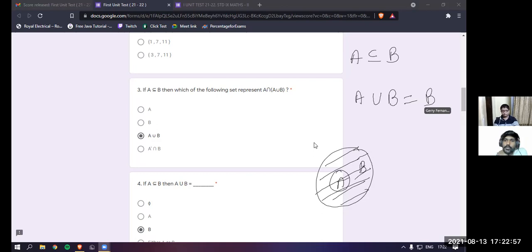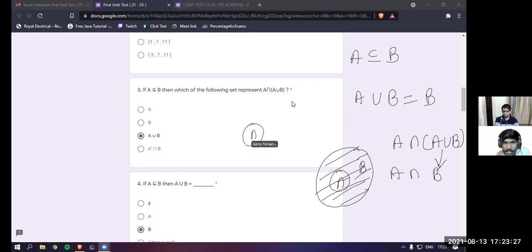Now you have to take A intersection with A union B. A union B, you know, is B itself. Can you see the writing? Yes, sir. So what is this equal to? A intersection B. Look at the same diagram.